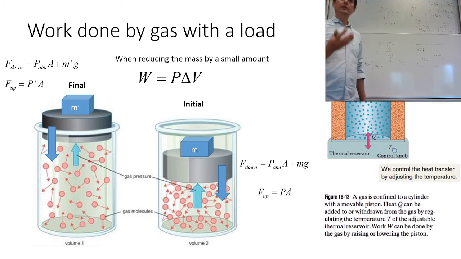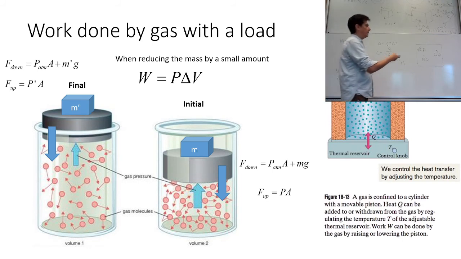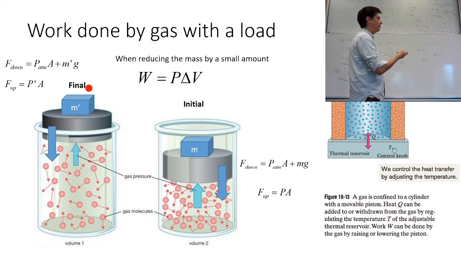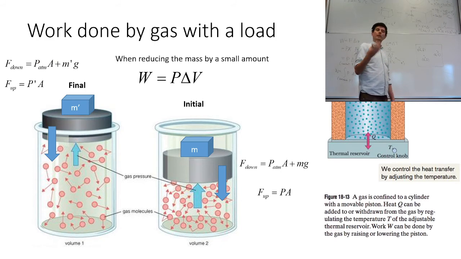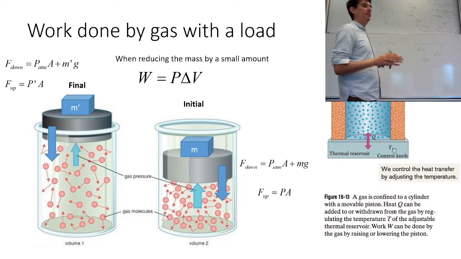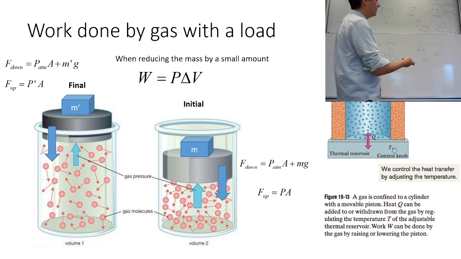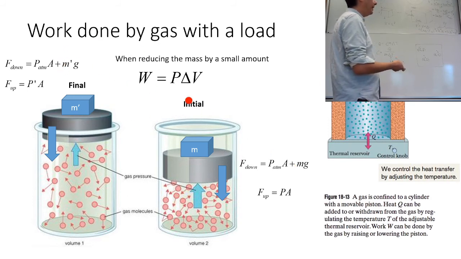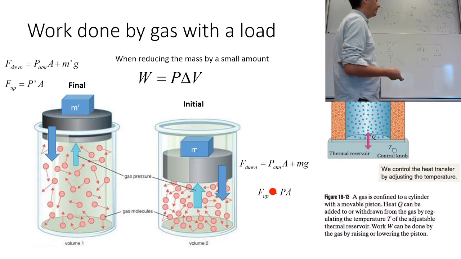But when we're talking about the work done by the gas, we don't really care about these other forces so much, because remember that work is a force-dependent concept, right? The work is related to a particular force, and the force that we're talking about is the force provided by the gas within the cylinder. So these other forces are there, but when we calculate the work done by the gas, we really only care about the pressure that's inside the cylinder.